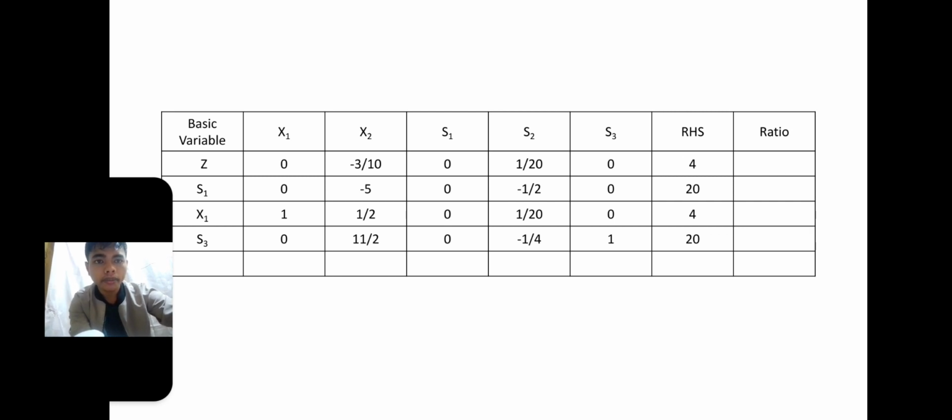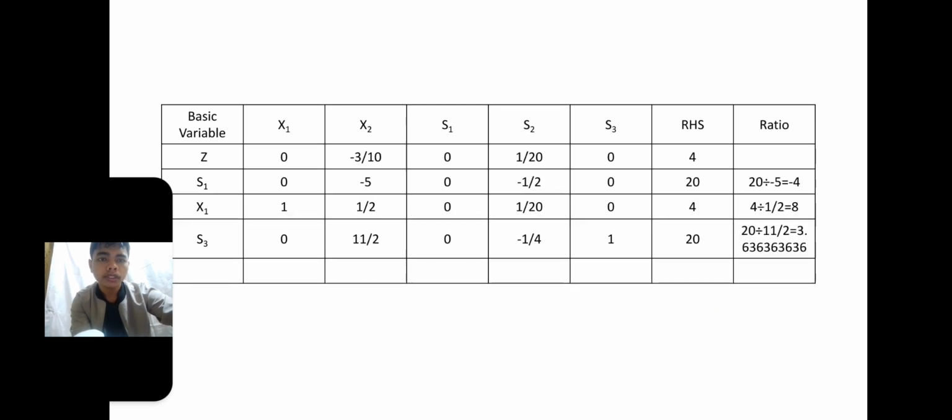In our table, there is one negative sign left, that is negative 3 over 10. So we should use the x sub 2 column as our key column, and then let's divide it again into the RHS.